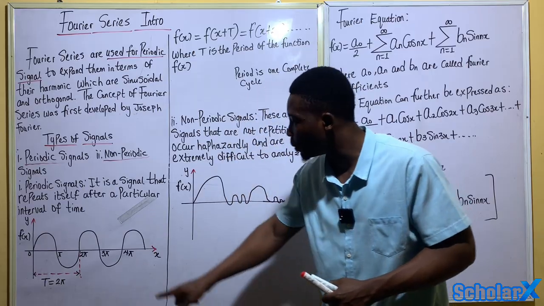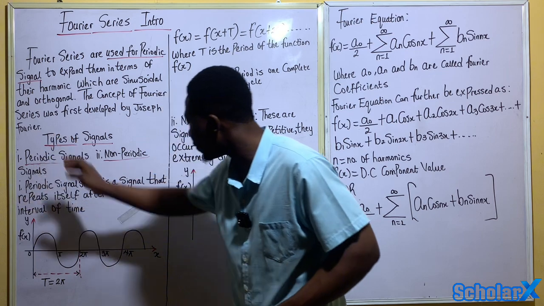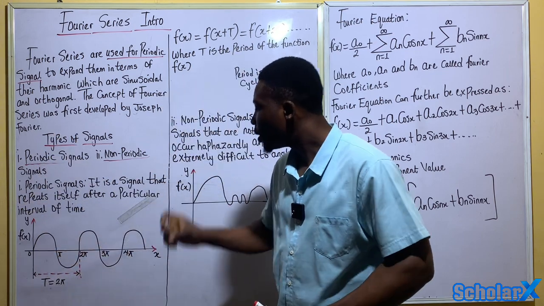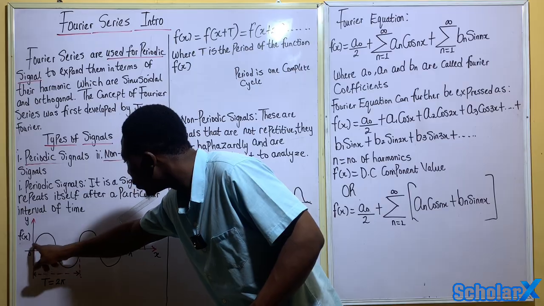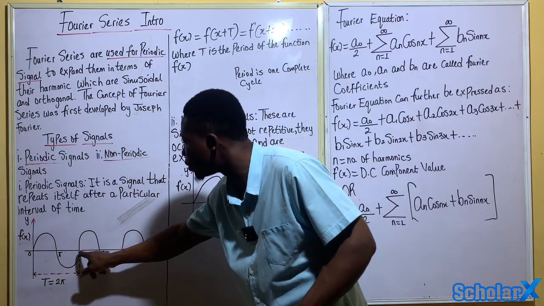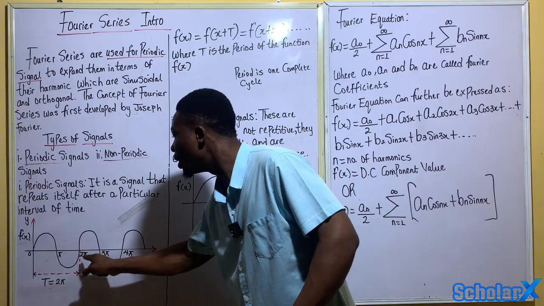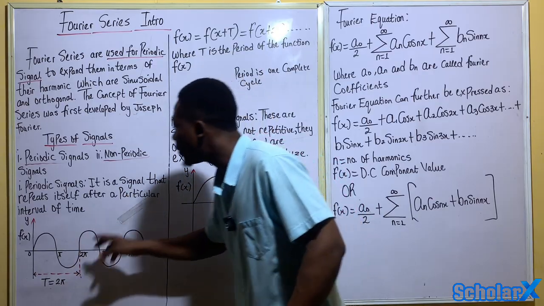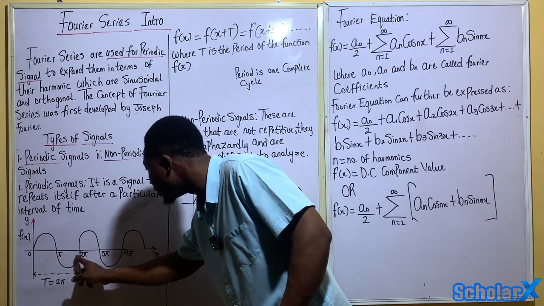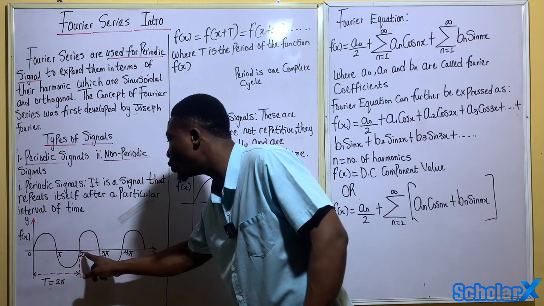Now, take a look at this diagram and see what I'm saying. This is our y-axis, which is also our f of x axis. This is our x-axis. You see, it starts from 0, comes here, and then stops here. That's a full cycle, a full period. Now, it starts again from this point and goes again. From here to here is pi, then from here to here is 2 pi.